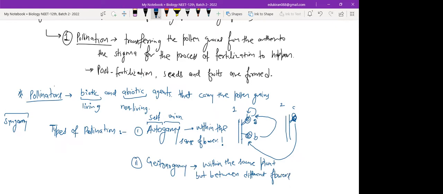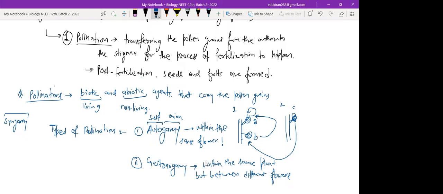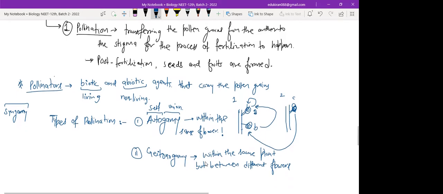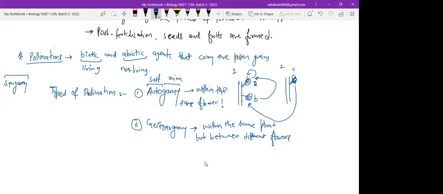Yes, sir. So anther of one flower to the stigma of another flower, but on the same plant. So is it cross pollination or self pollination? This is also self-pollination because technically we call it cross or self when genes are involved. The genetic makeup is going to be the same, right?